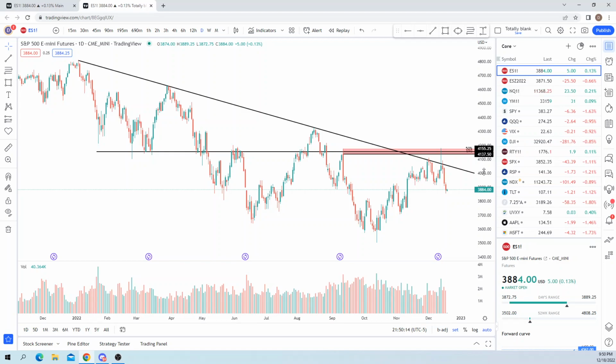Institutional sellers need the liquidity from the bulls, okay? So I love to trade setups that are traps, right? I love reverse engineering the minds of the retail trader so I can get the advantage going against them.